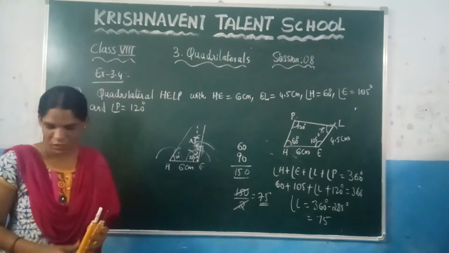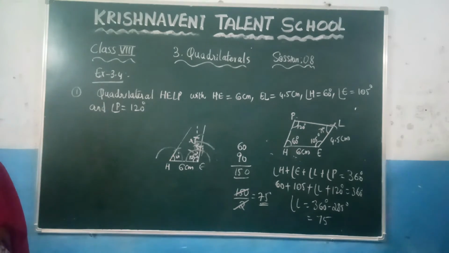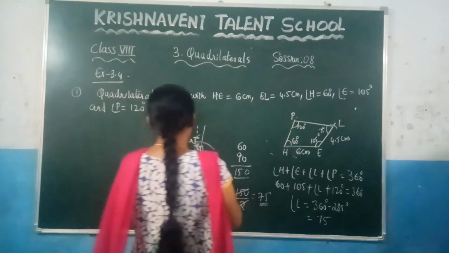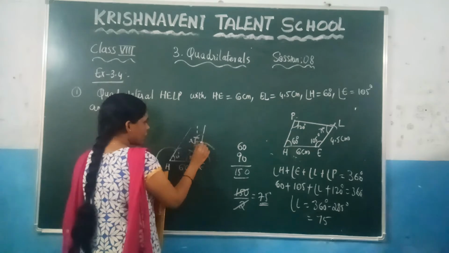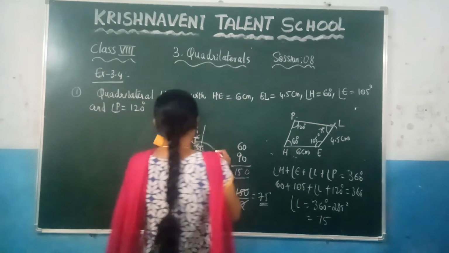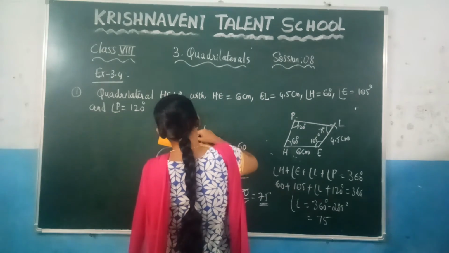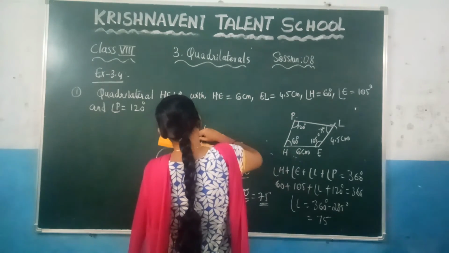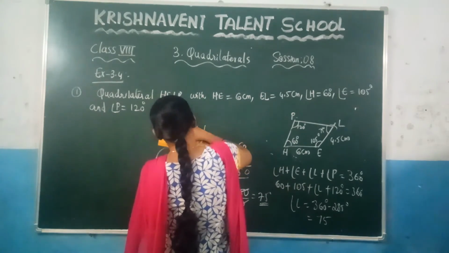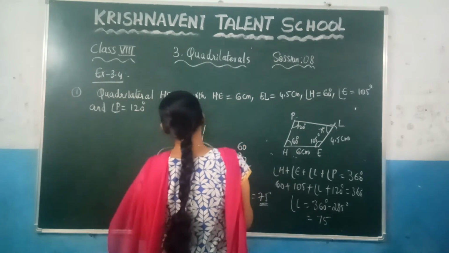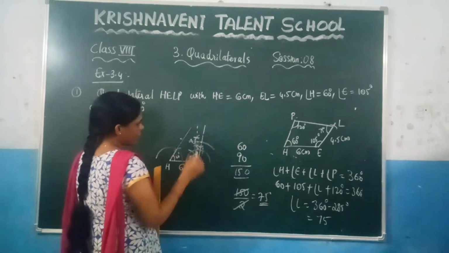So you can join this one. This is our arc and this is 90. Let us join with the help of dotted lines. So this is nothing but 90.